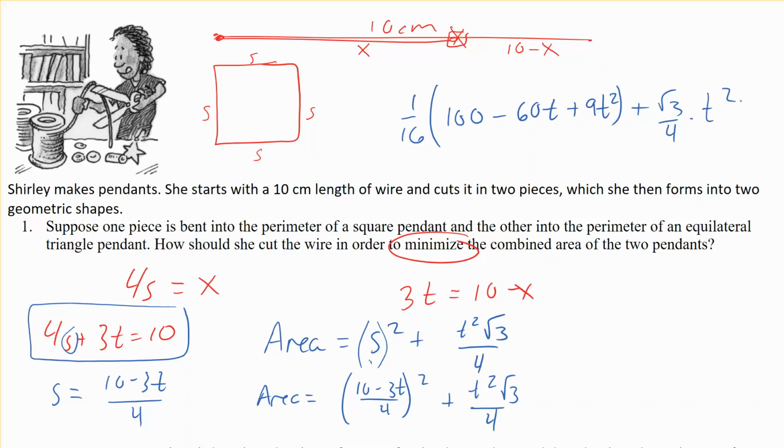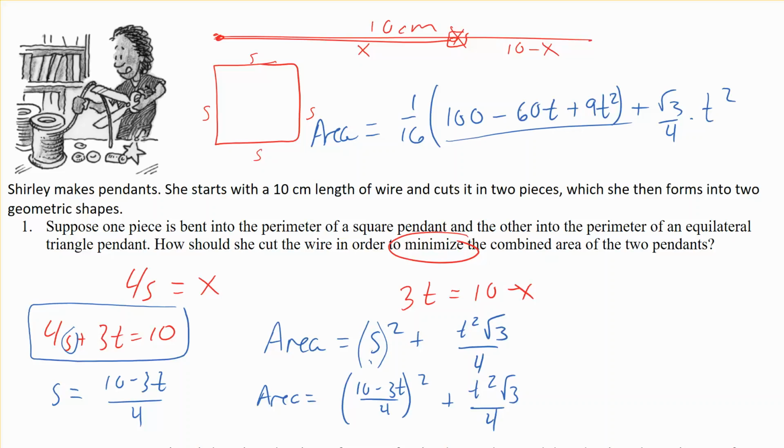Now, probably a good move would be to factor out that 1 over 16 from the whole thing, and then I'll have some clean numbers to work with. I guess I really don't have to. I could just take the derivative from here. So if this is my area equation, we can go ahead and do the derivative.